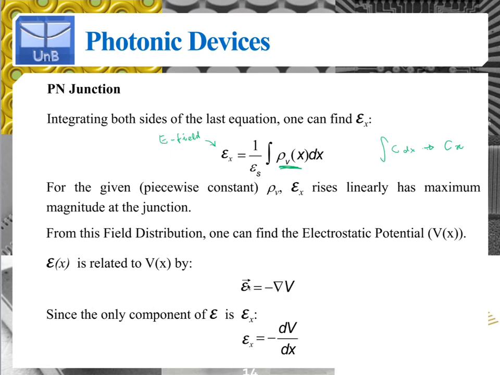So since this has only the x component, E is equal to Ex times the unit vector along the x direction, right? Therefore this means that Ex is equal to minus the derivative of V with respect to x, which is the x component of the gradient. So you get this. And now we can integrate this.